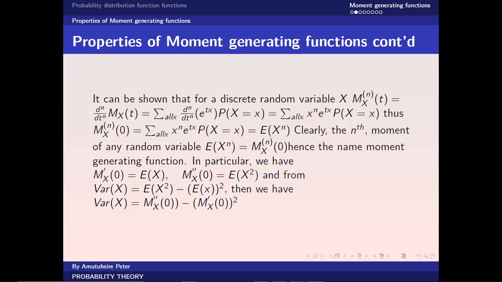In particular, the first derivative at 0 gives the expectation of x, and the second derivative evaluated at 0 gives the expectation of x squared. From these two we can compute the variance. All of you remember this formula from the other course we did in year 1, semester 2. So once we have the first and second moments, we have the variance.